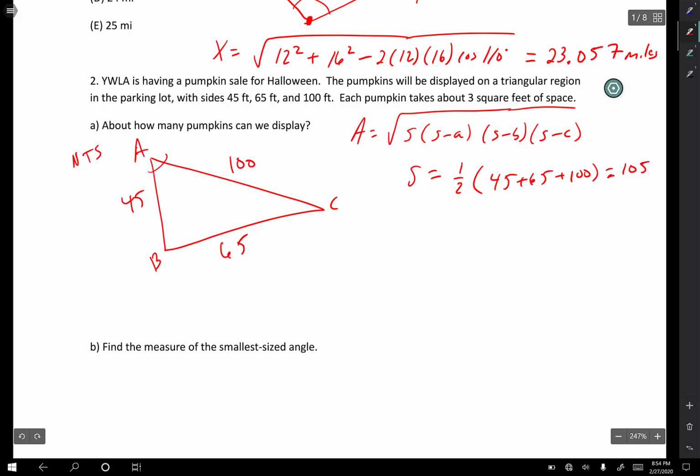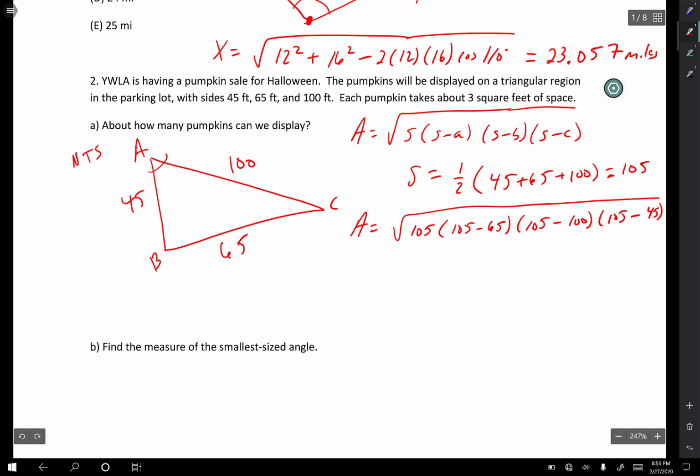So that's my S, and then I'm literally just going to go, my area is the square root of 105 times 105 minus A, so this is A right there, 105 minus 65, and then 105 minus B, the B in this case is 100, and then 105 minus C, and the C in this case is 45, and the square root's on the bottom of all that.